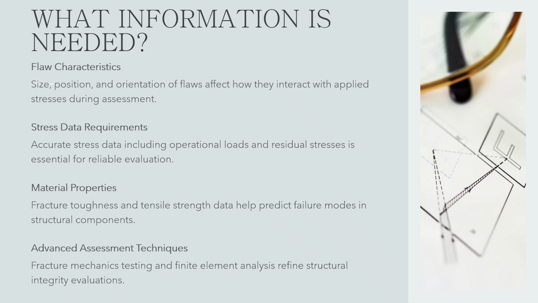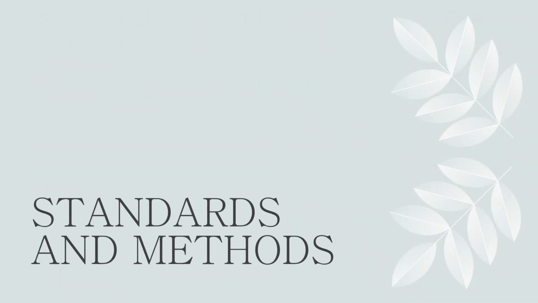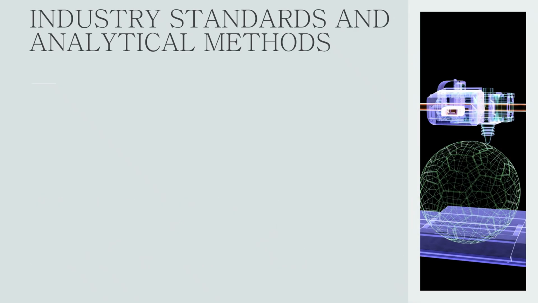This comprehensive data collection ensures that the ECA provides a reliable evaluation of structural integrity under real-world conditions. Standards and methods. ECA procedures are standardized in several internationally recognized codes to ensure consistency and reliability.